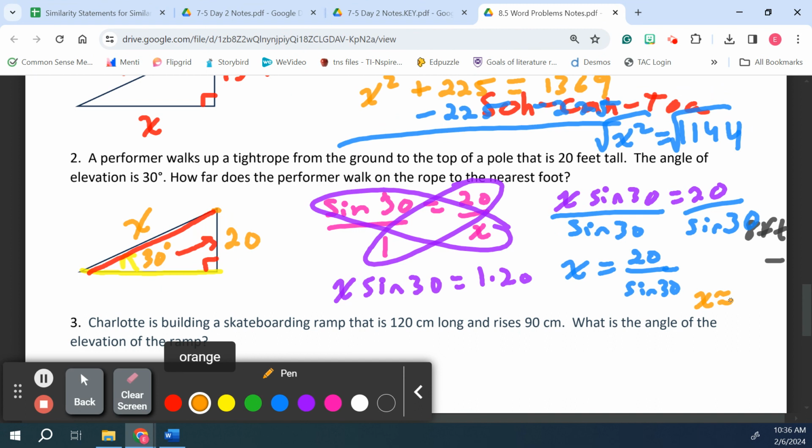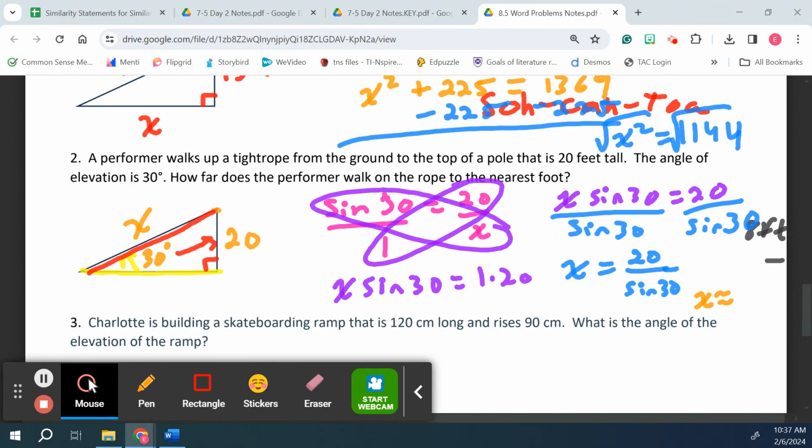Who's got it? Rebecca, what'd you get? Okay, so round it to the nearest foot. You got 34.6? Are you in degree mode? I'm going to double check. Oh, okay. Yeah, it should come out really nice.